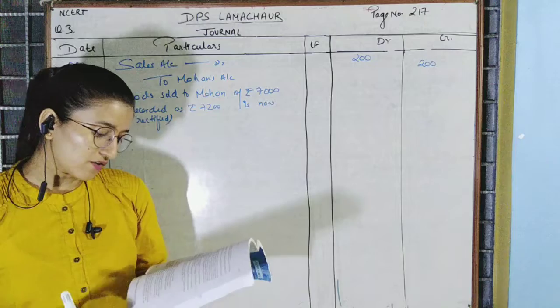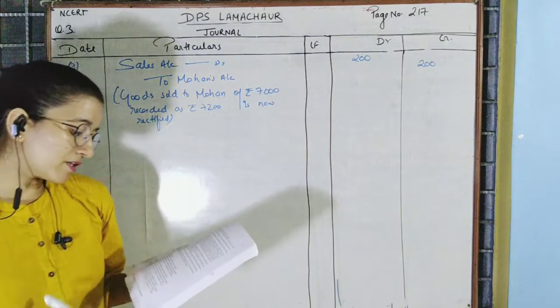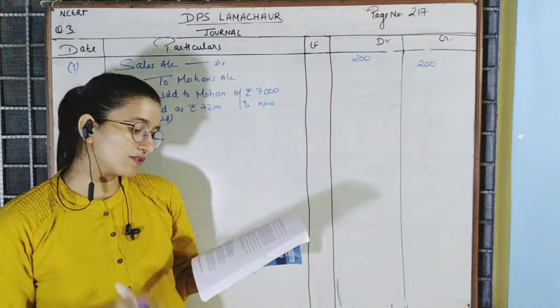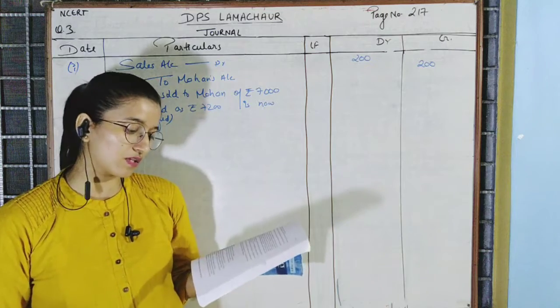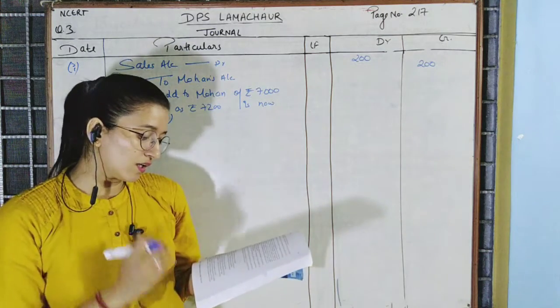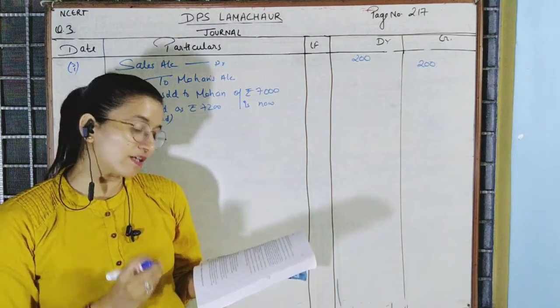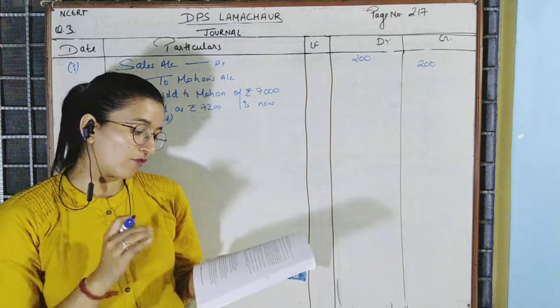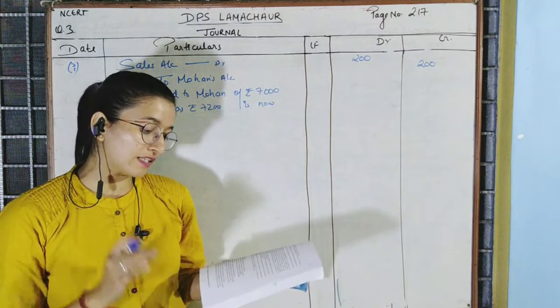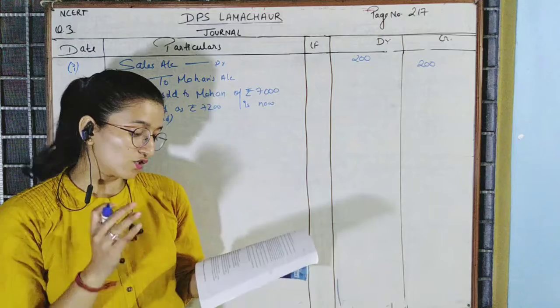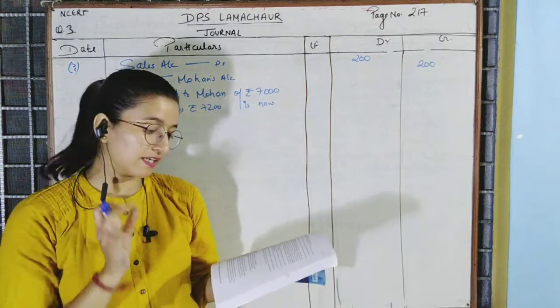Now second transaction is credit purchase from Rohan 9,000 were recorded as 9,900. So here we have purchased the goods from Rohan for 9,000 and it is recorded as 9,900. So there is an error of rupees 900.